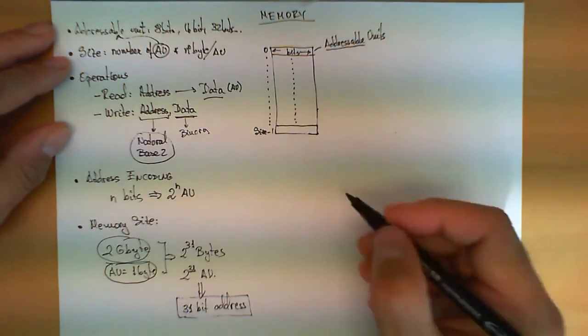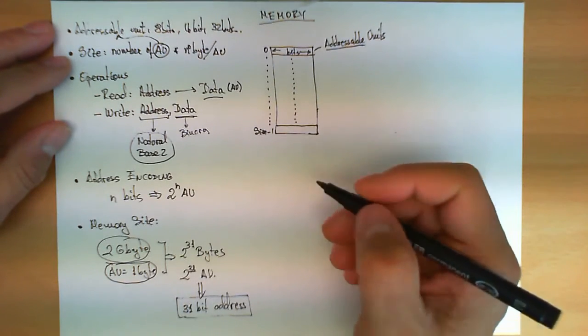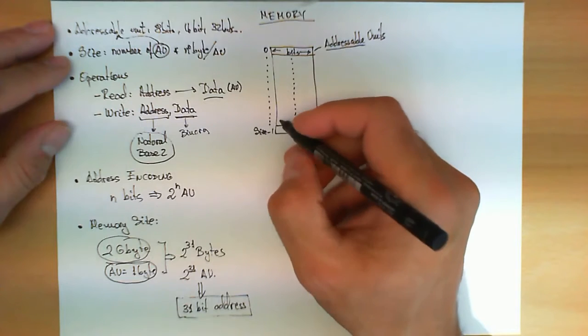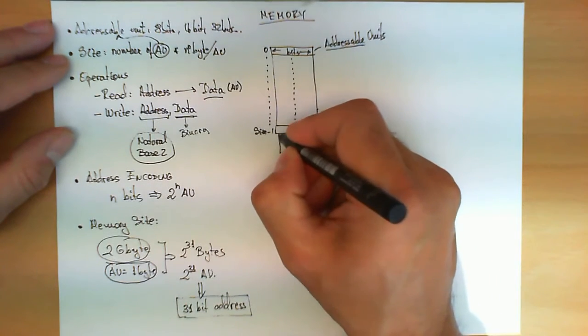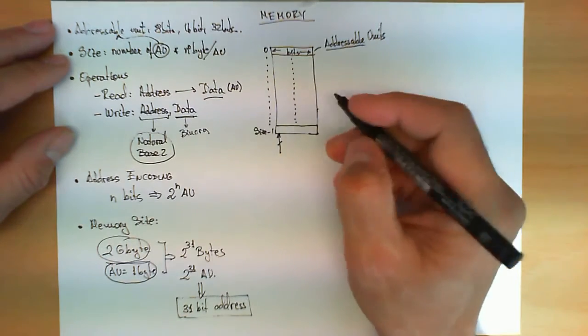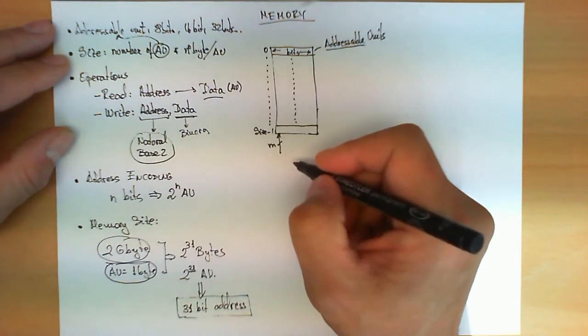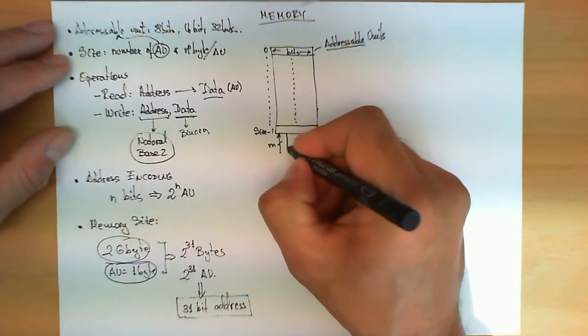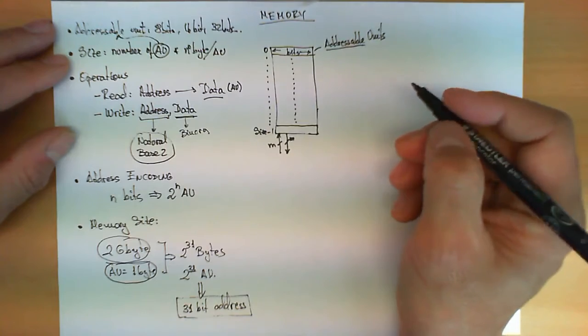Now let's see what type of signals we need to manipulate or control the circuit. Well, the first obvious one is that the data has to come in for a writing operation, and we're going to put this number m bits of the data that needs to be written. The data needs to come out when we are performing a read operation. This is going to be m bits as well.